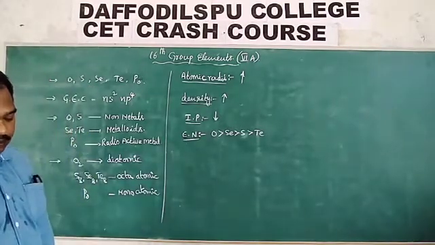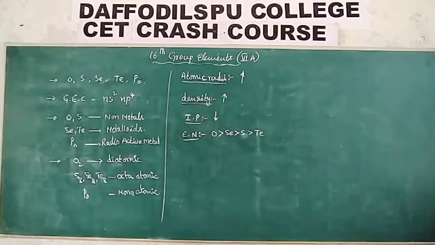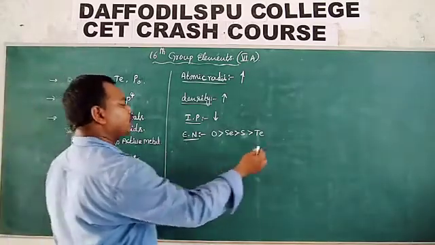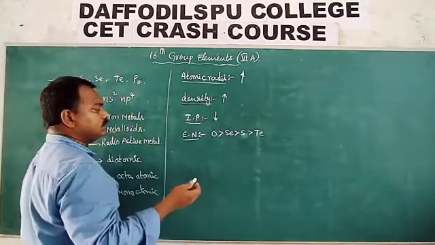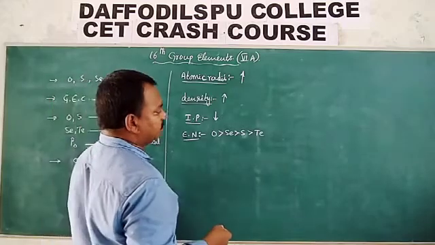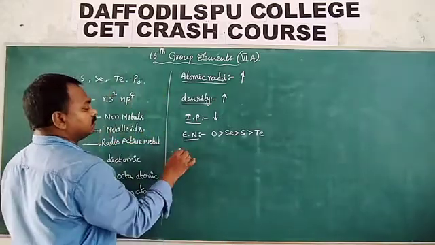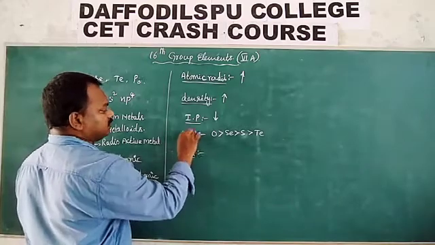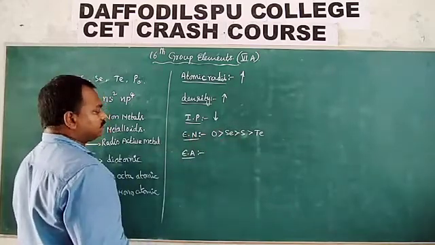Our expected order is somewhat different than this order. Oxygen greater than selenium greater than sulfur greater than tellurium. Polonium is a radioactive element, so generally we are not going to discuss polonium. This is the order of electronegativity.